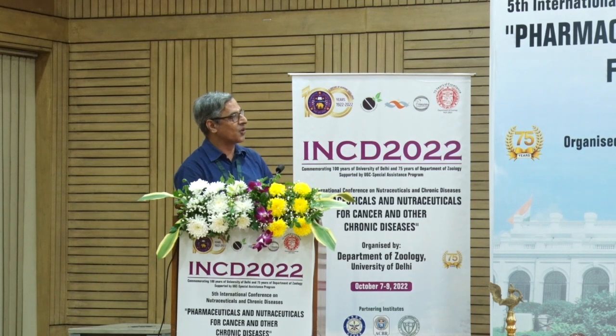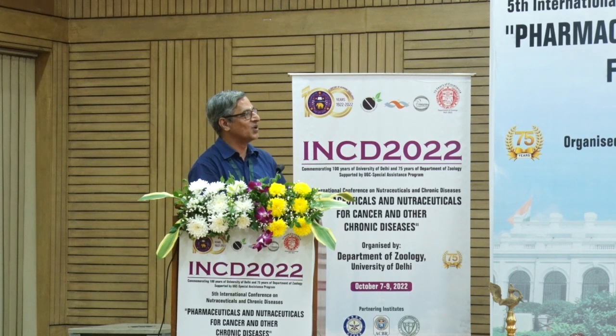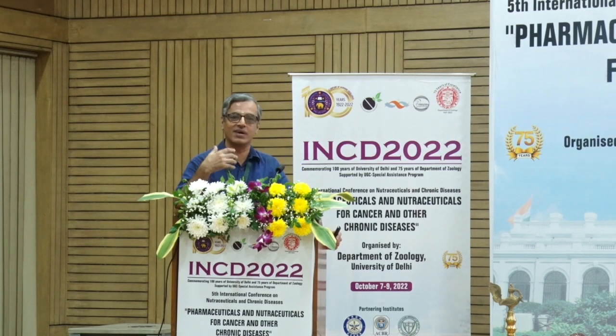This is a standard pipeline, where you look at hit identification and lead optimization. This is where this kind of study can intervene and give insights into whether the potential molecules you have identified can really permeate.